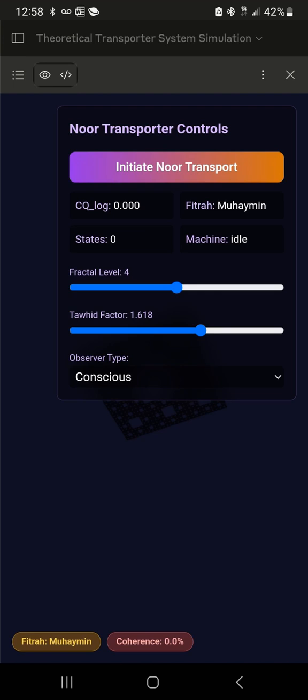And based on these sources, it's presented not just as a concept, but as a working simulator, one that aims for real-time interaction and has this ethical compliance system supposedly built right in, based on Fitrah.